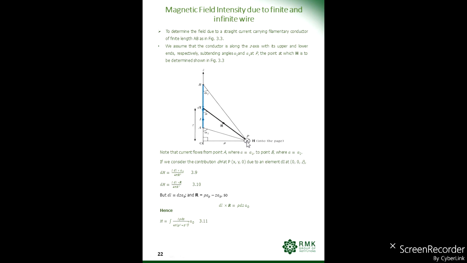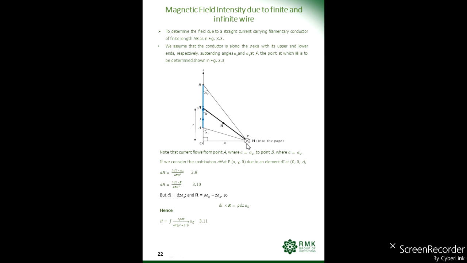This is the point at which the magnetic field is calculated, and it will be into the page. So we draw this point P like a cross mark with a circle.